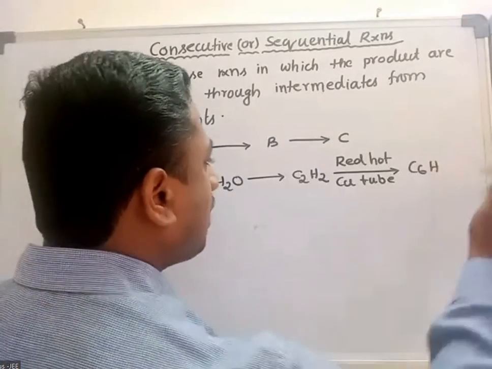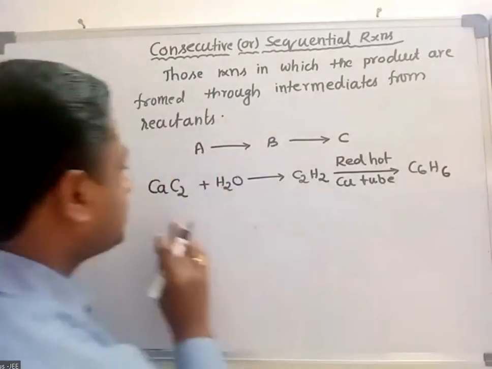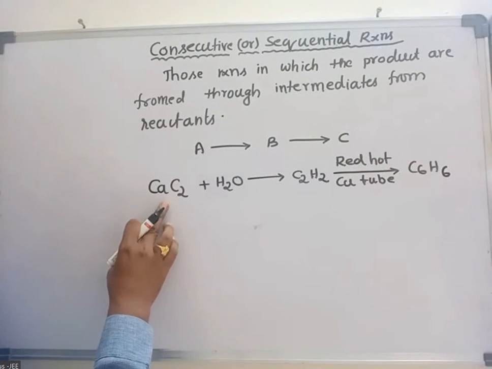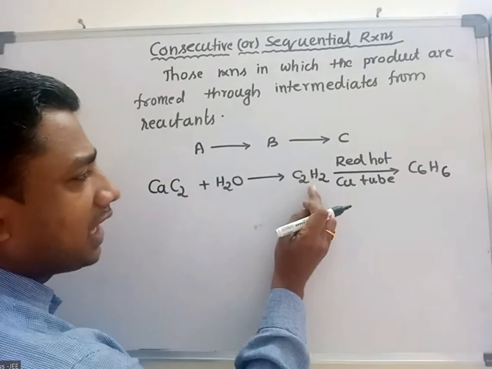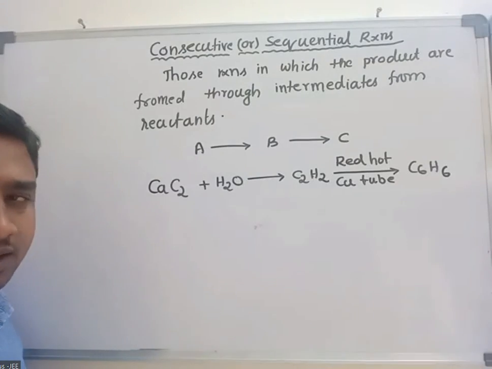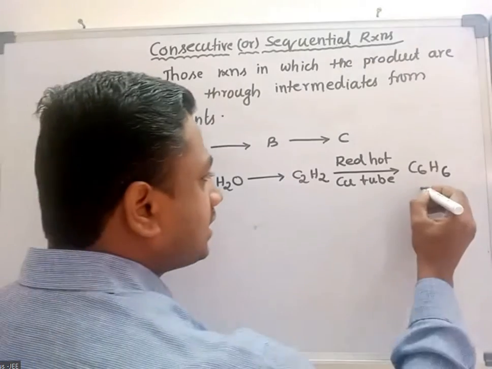That's right, formation of benzene from calcium carbide through an intermediate, acetylene.